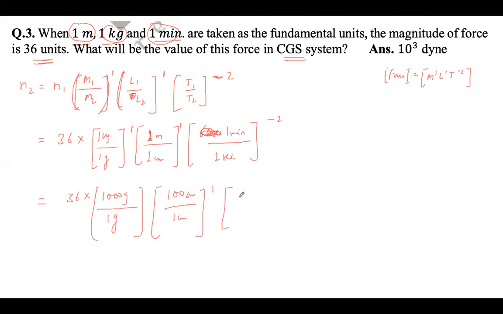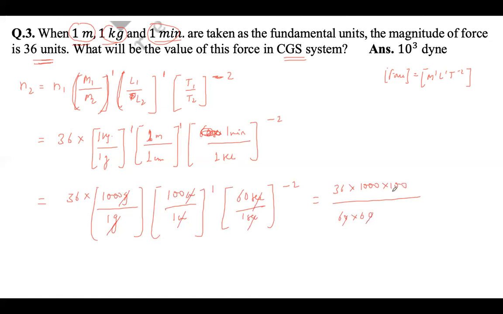1 minute we will convert to 60 seconds by 1 second. Gram gets cancelled, centimeter gets cancelled, second gets cancelled. So this is 36 into 1000 into 100 divided by 60 into 60, raised to the power -2. This goes into the denominator.